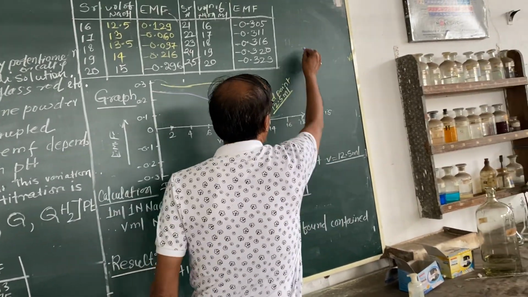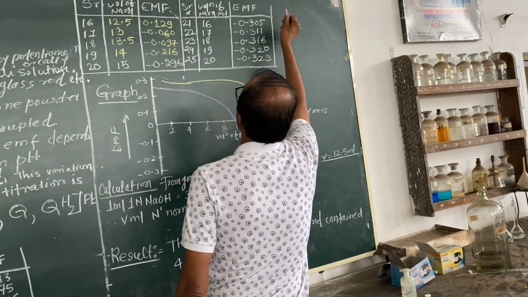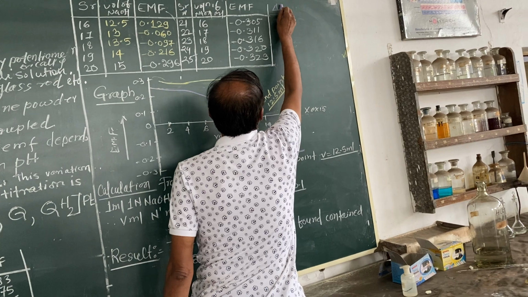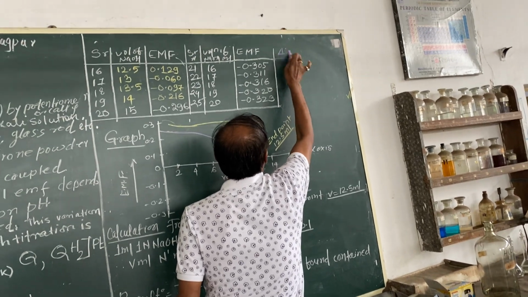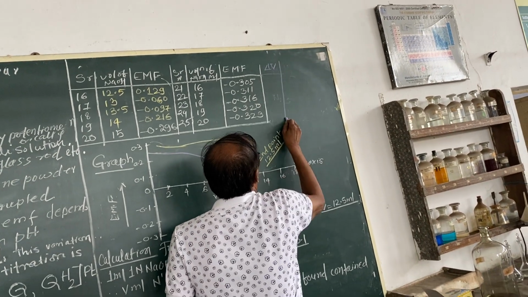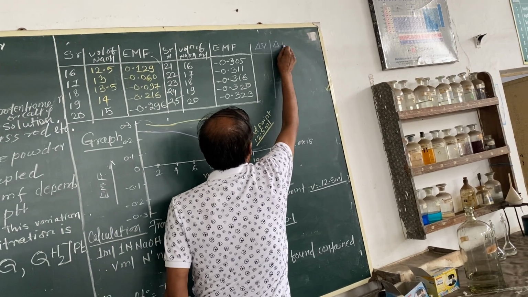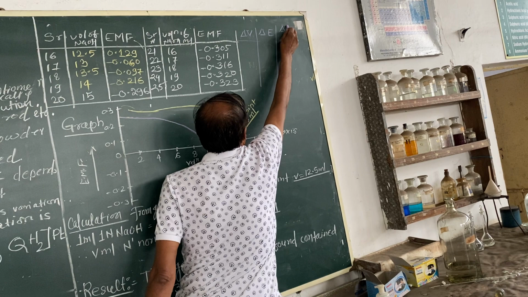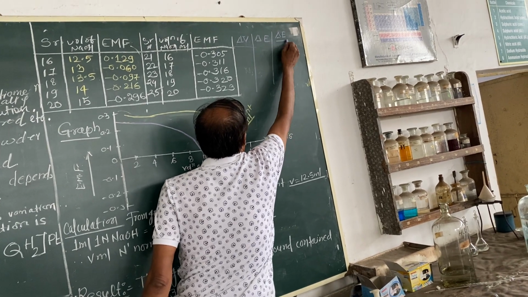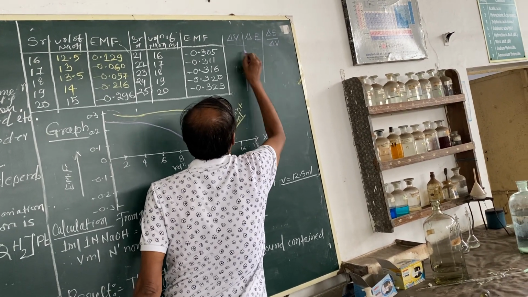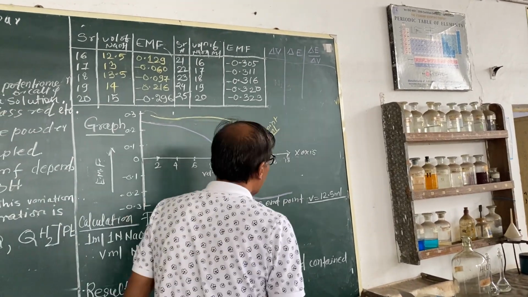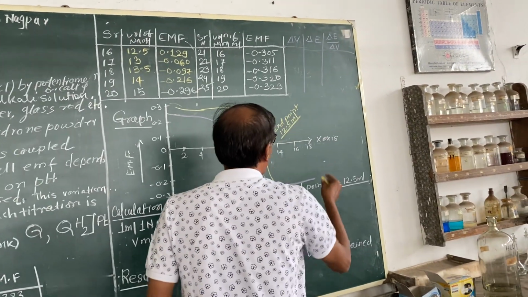In that case, you have to calculate delta E, delta V, and then delta E divided by delta V, and plot a second graph like this.